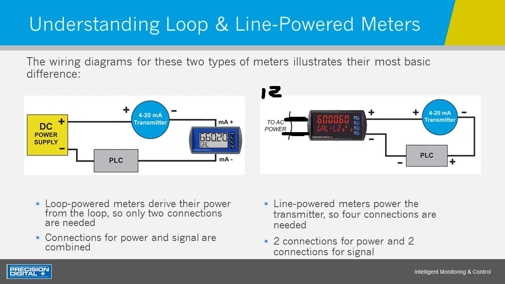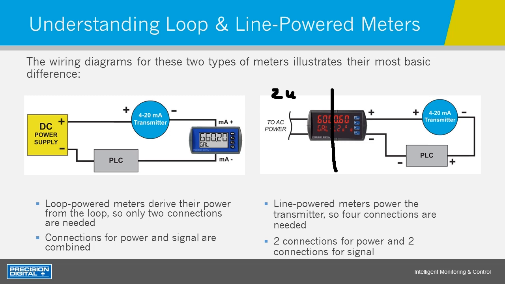Now, that could be 120 volts AC. There are other versions of this that would be powered from its own 24-volt power supply. But it needs 2 wires just to supply power. And that's going to be isolated from the 4 to 20 milliamp transmitter side of this equation.